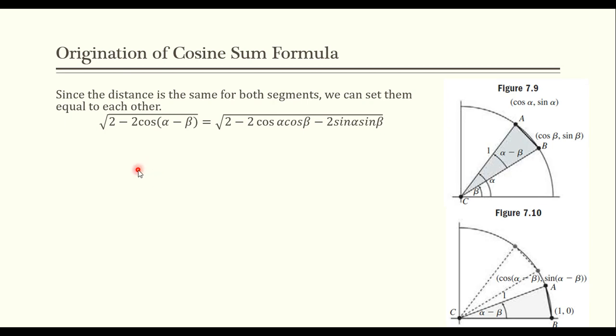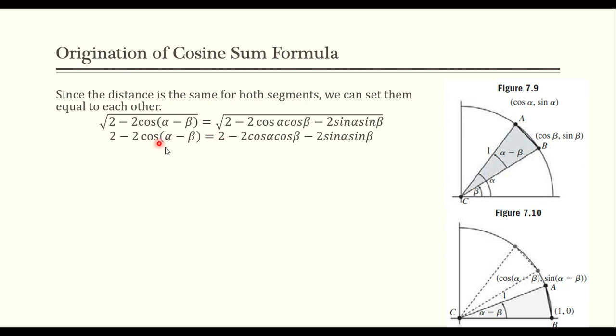So I've got the square root of 2 minus 2 cosine(alpha minus beta) is equal to the square root of 2 minus 2 cosine alpha cosine beta minus 2 sine alpha sine beta. Right? If I square both sides, I notice they both have square roots. I end up with 2 minus 2 cosine(alpha minus beta) equals 2 minus 2 cosine alpha cosine beta minus 2 sine alpha sine beta, right? All I did was square both sides. Upon further inspection, I notice that this guy has a 2, and so does this.